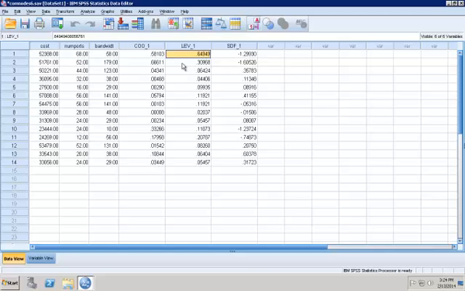Our Dfit tells us the change in the predicted value of our dependent variable, y, if the current observation were omitted. It is going to be high if its value is greater than 2 times the square root of the quantity k plus 1, all divided by n. Here we have 2 plus 1 divided by 14.